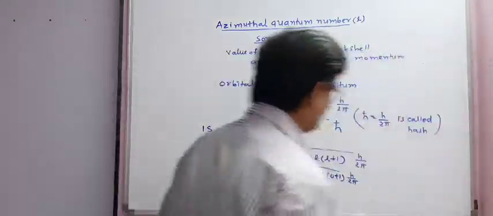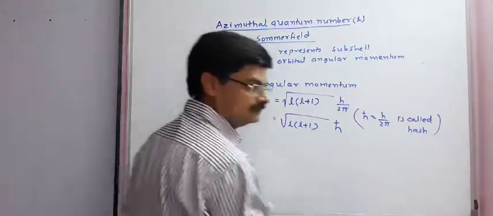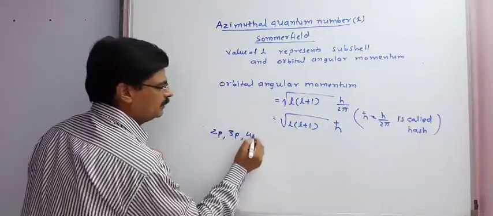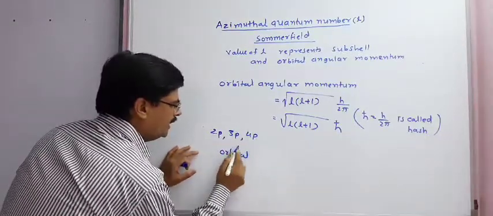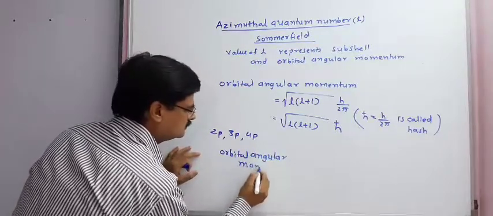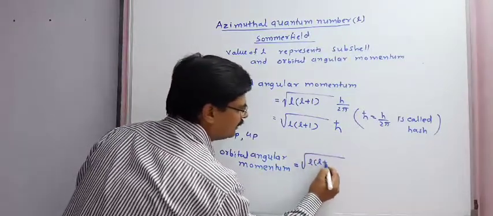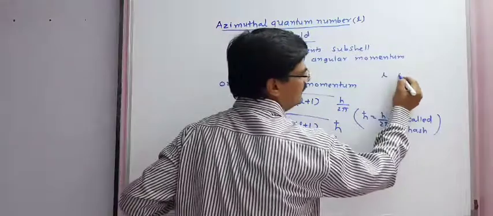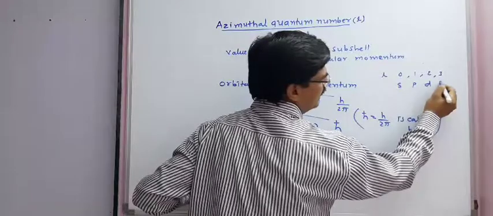Same way for the p orbital, say it is 2p, 3p, 4p, any p orbital, orbital angular momentum is equal to root of l into l plus 1 times h upon 2 pi. But as l is equal to 0, 1, 2, 3, we have s, p, d and f.